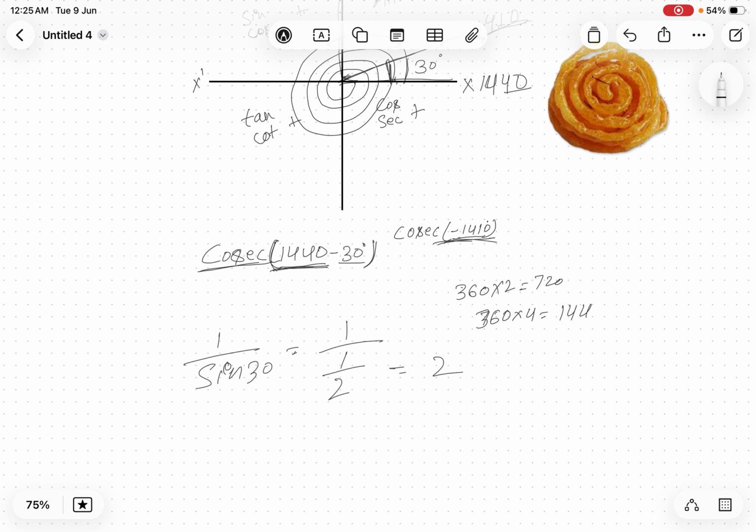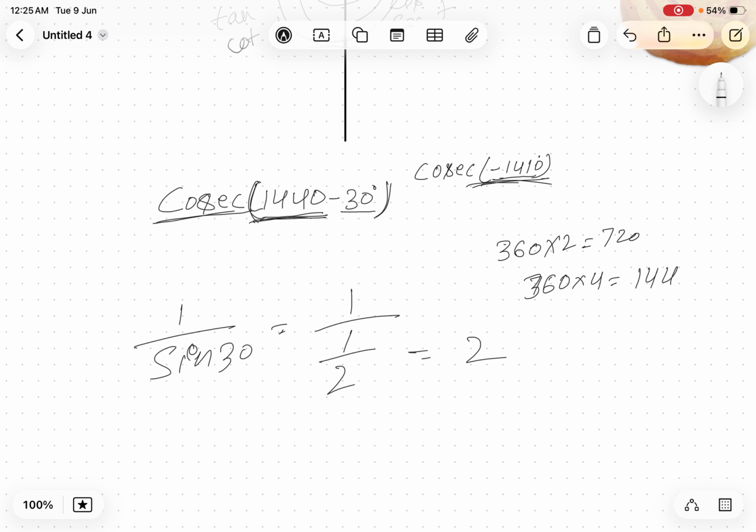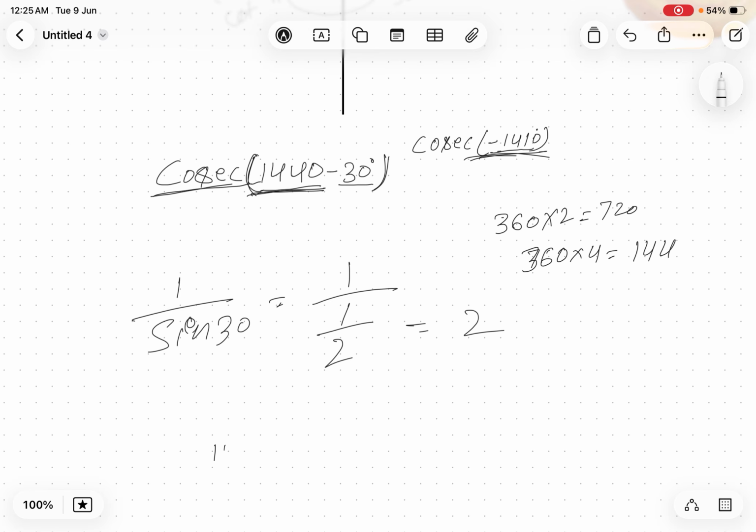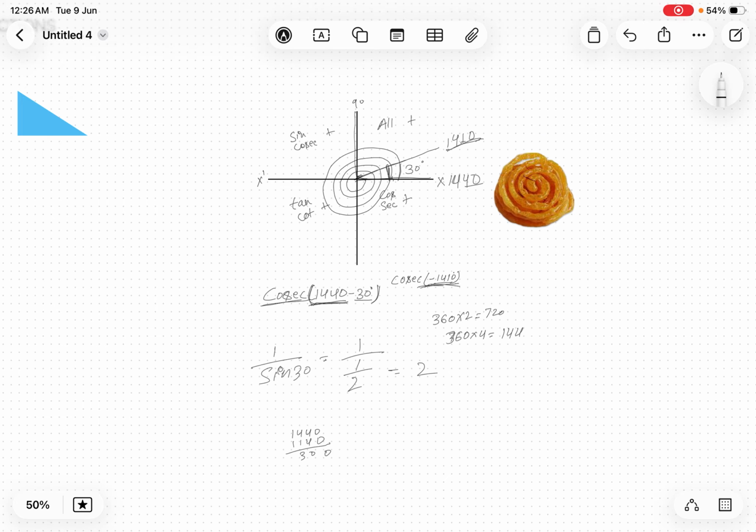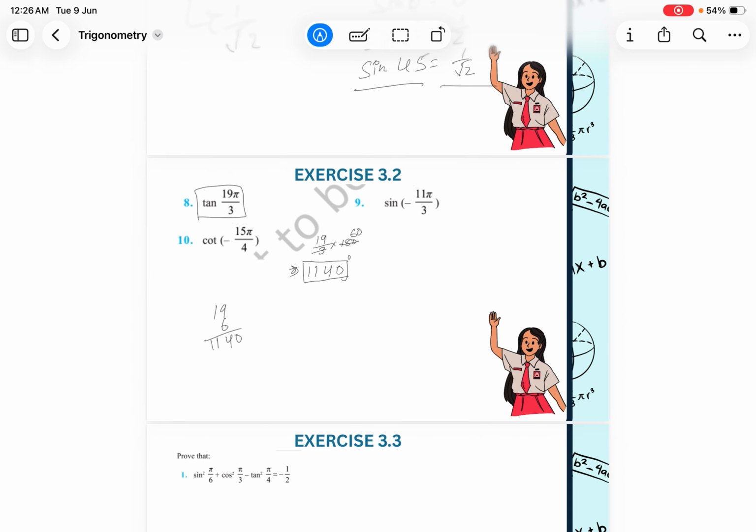Yeah, that is 1140. So 1440 minus 1140 is equal to 300. So no, this will not be the correct answer. We have 1140, not 1440.